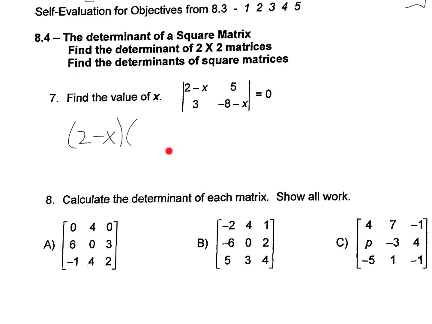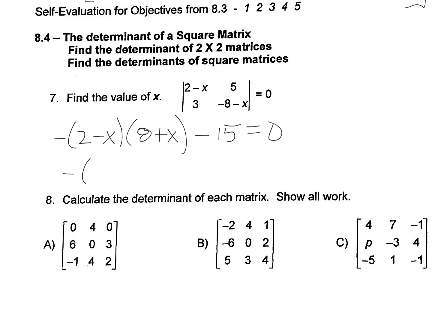So think about if I have negative 8 minus x, I factor out the negative 1. Since this is all multiplication of numbers, I can take this negative 1 and move it out front. And since I factored out that negative, I have 8 plus x there, minus, that's your AD, minus BC, which is 5 times 3, which is this 15. And now we go ahead and solve this.